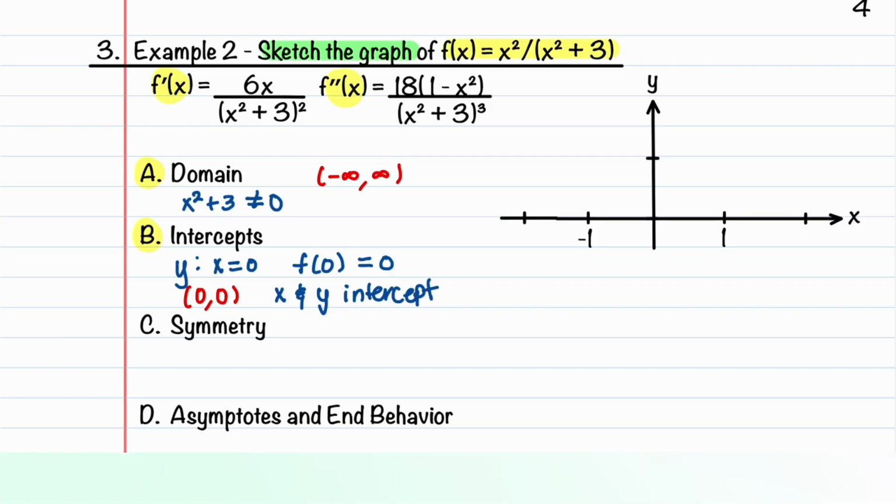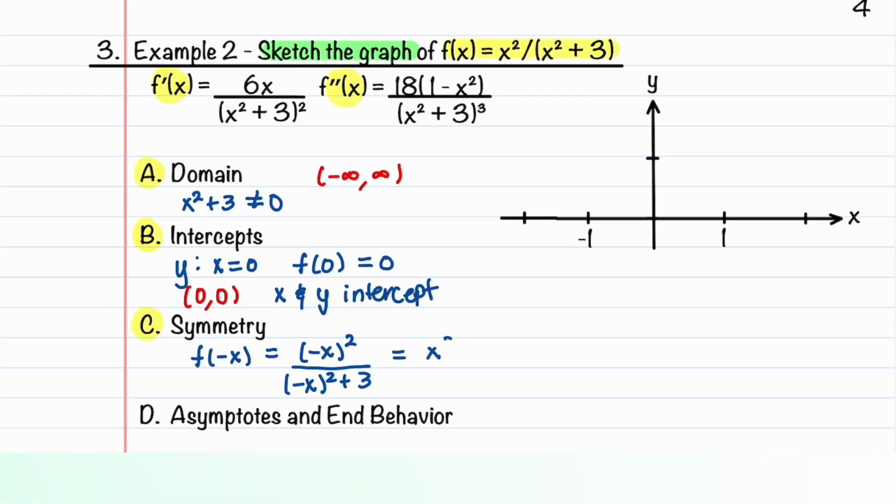Now let's think about symmetry. To find the symmetry, we need to calculate f at -x. So wherever we have an x in our function, we're going to plug in -x. This gives us a -x squared, all divided by -x squared plus 3.